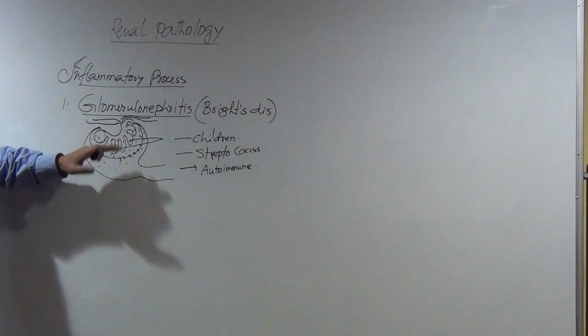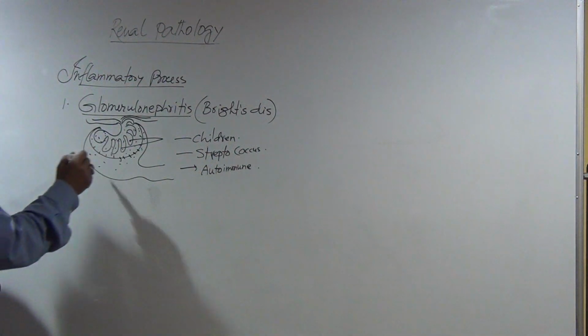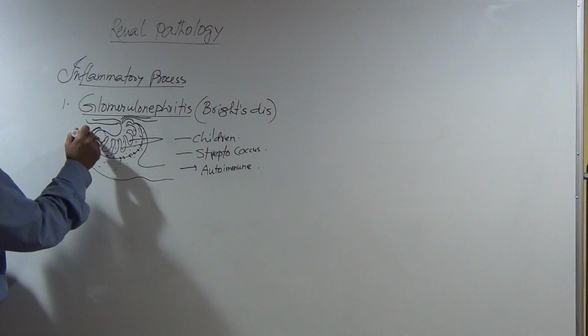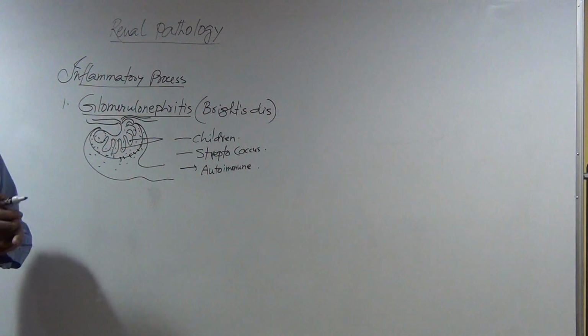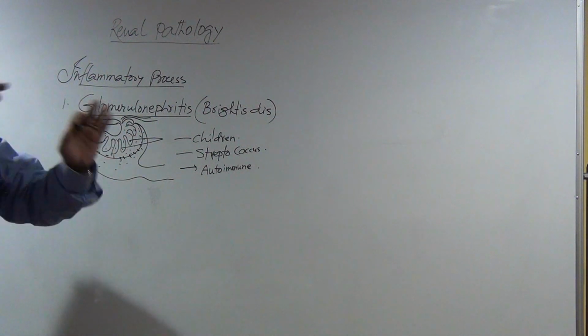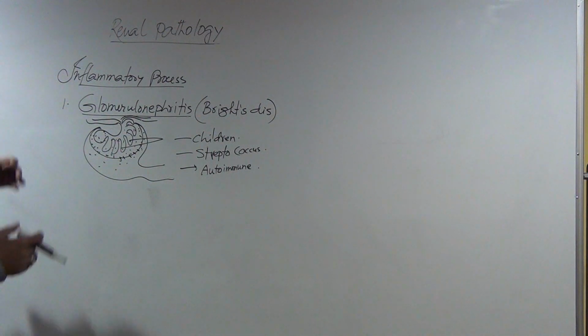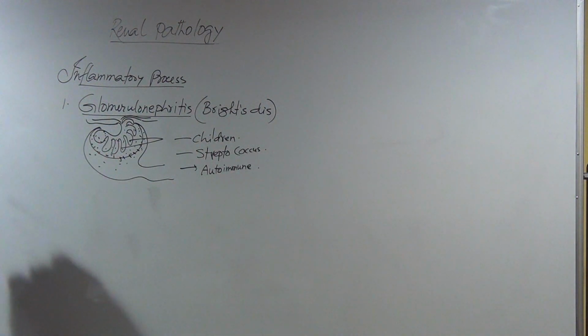Now what happens if there's glomerulonephritis? Then damage of the glomerulus, damage of the filtration, and breakdown of the filtration. Then what happens? A lot of protein loss, and a lot of dirt passes through the urine.